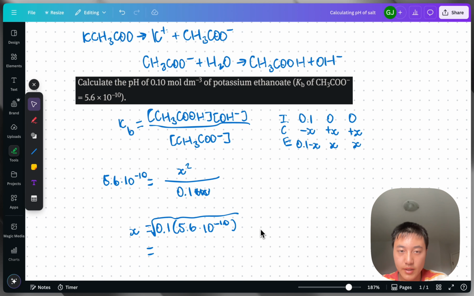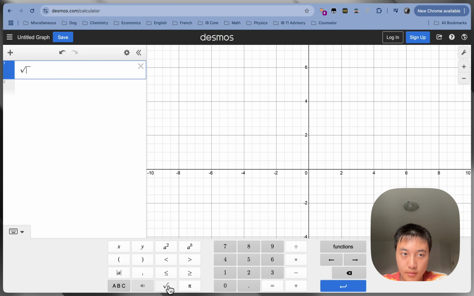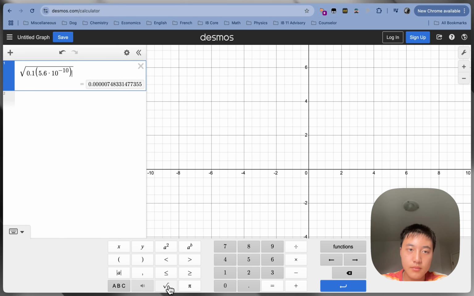And now we can put this into the calculator. And we're getting around 7.48 times 10 to the negative 6.